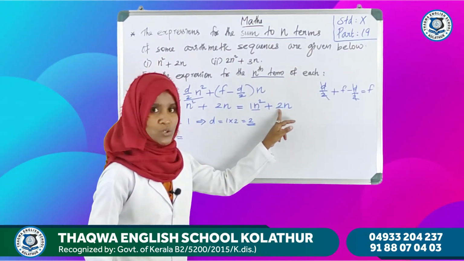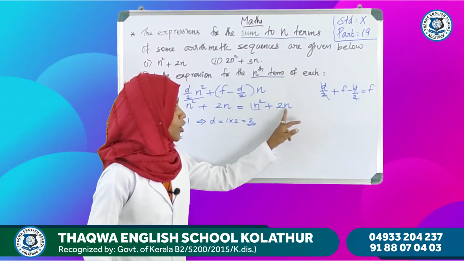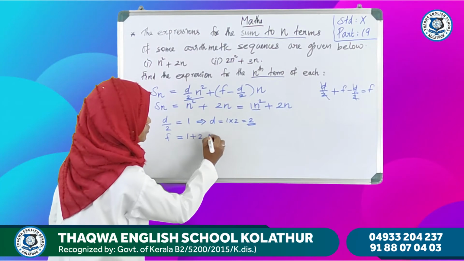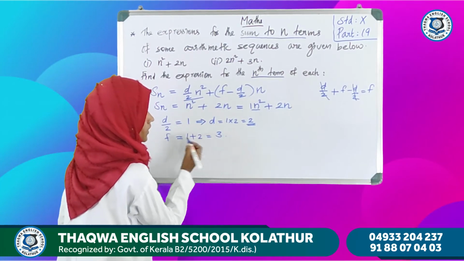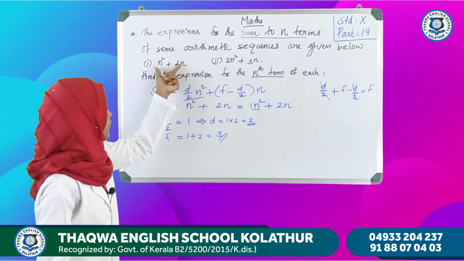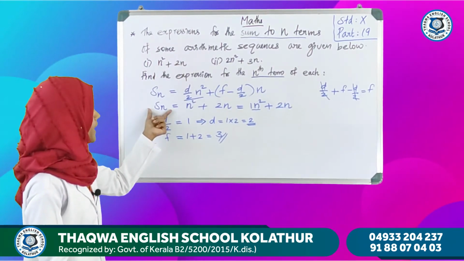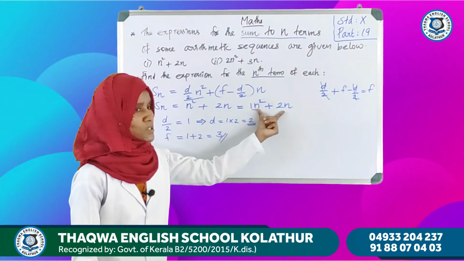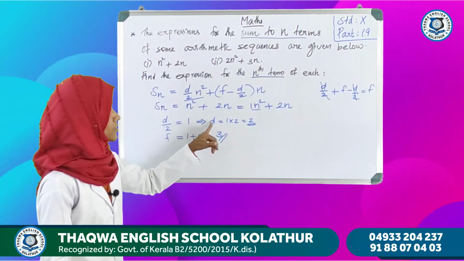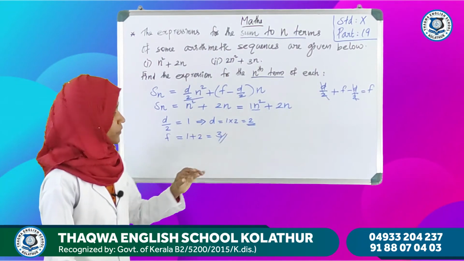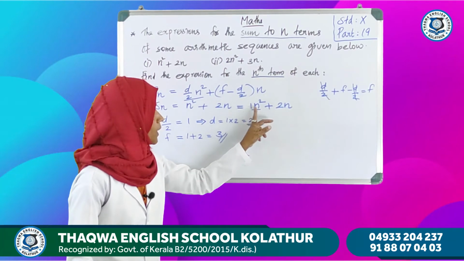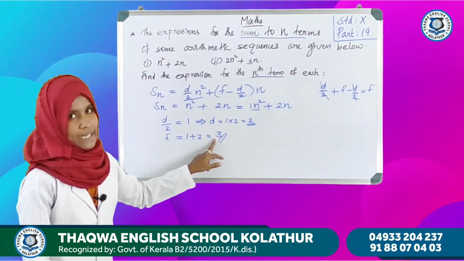Coefficient of n square 1, coefficient of n 2. That is 1 plus 2, 3. So in our first question, the sum of n terms is 1n square plus 2n, d by 2 is 1, so d is 2. Next f is the sum of the coefficients, that is 1 plus 2, so 3.